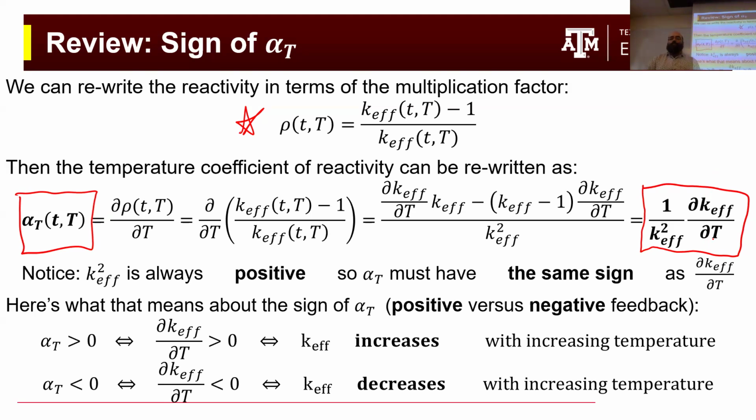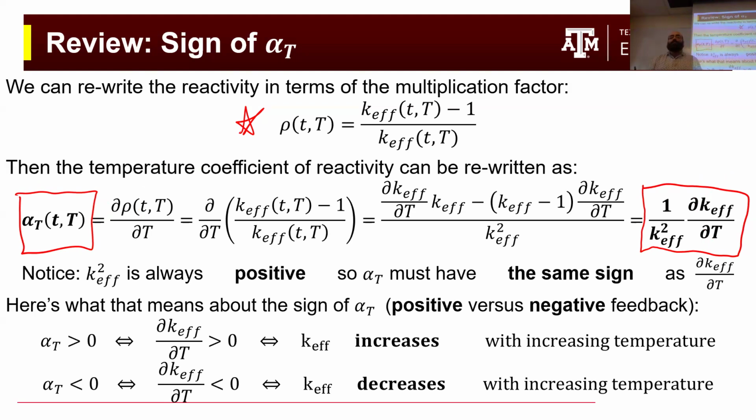That helped us see that K effective squared is always positive, so the sign of alpha T is going to be the same as the derivative of K with respect to temperature.